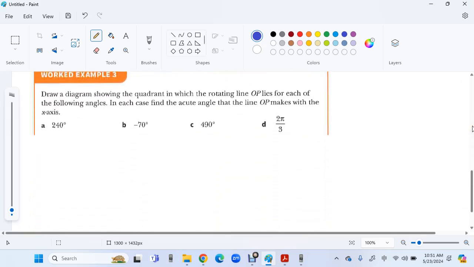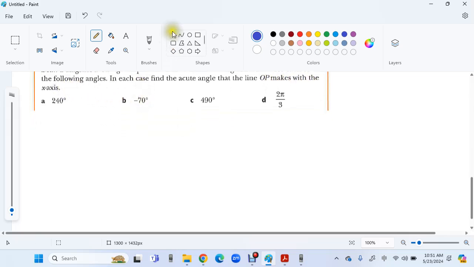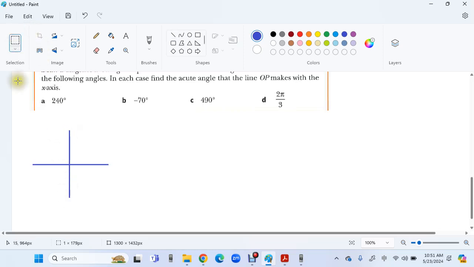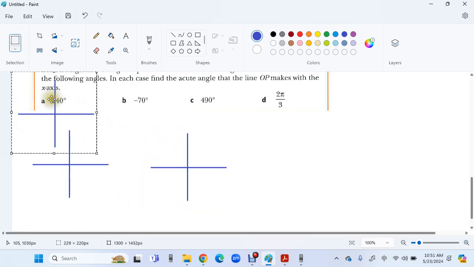So this one, they want us to draw a diagram to show the quadrant in which the rotation line OP lies for each of the following angles. In each case, find the acute angle that the line OP makes with the x-axis. Okay, so when we want to draw this, first we must have the axes first.